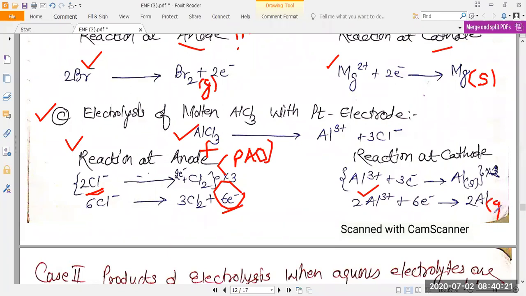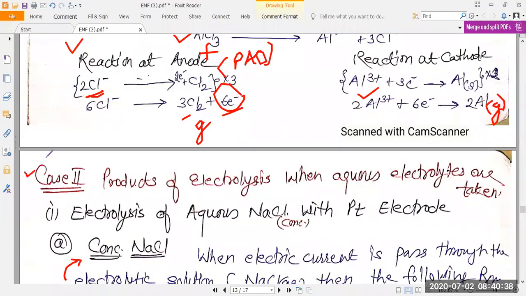So at cathode side we get aluminum in solid form, and at anode side we get chlorine in gas form. So this point is also clear to you. Next we proceed to case number 2, product of electrolysis when aqueous electrolytes are taken.